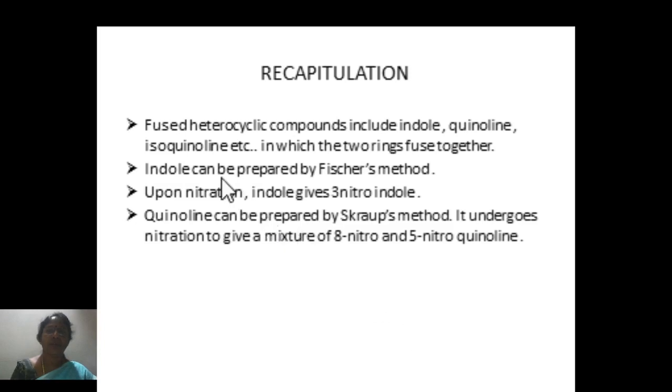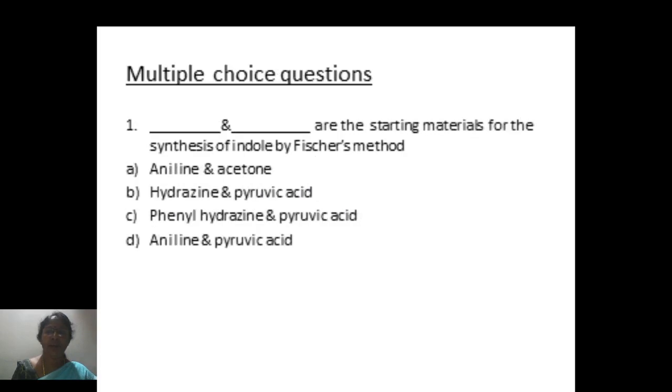So, we understood the fused heterocyclic compounds include indole, quinoline and isoquinoline. These are the heterocyclic compounds containing two different rings, benzene and 5-membered or 6-membered rings, and how this can be prepared by different methods.